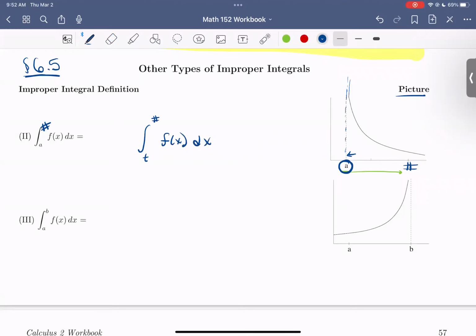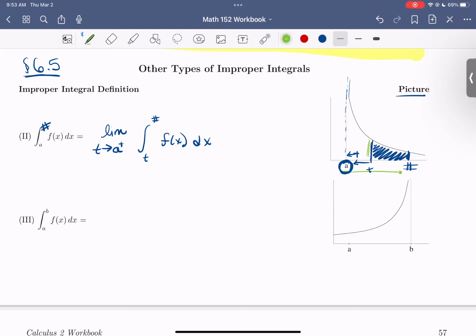T is just floating down here. It's not a set number yet. It's just a variable. A is a fixed number. So what we're going to do is compute that integral from T to number as T approaches A. But notice T is approaching A from the positive direction, so we're going to add that positive plus symbol by the A. Visually, what's happening here is that we're computing the area from T to some number.